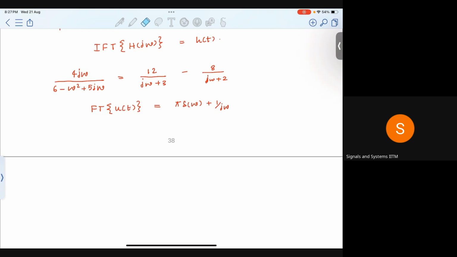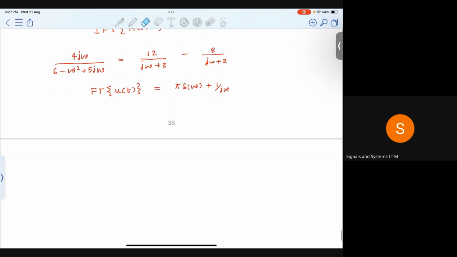And I think there are also other things. What is the Fourier transform of e power minus at u of t?